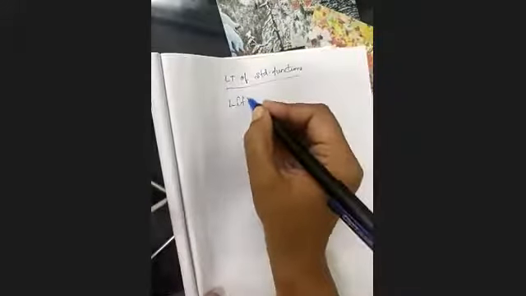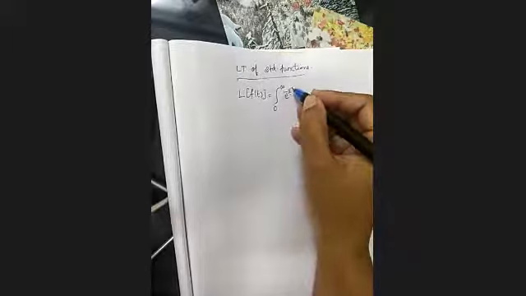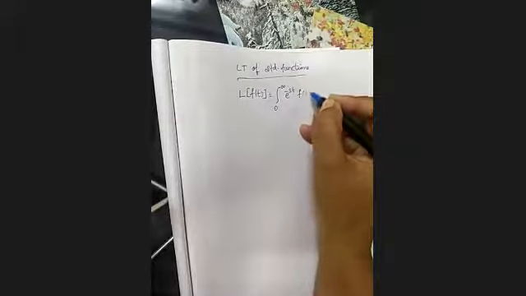So how is the Laplace transform of f of t defined? It is the integration from 0 to infinity of e raised to minus st times f of t dt. Be very clear with the definition.